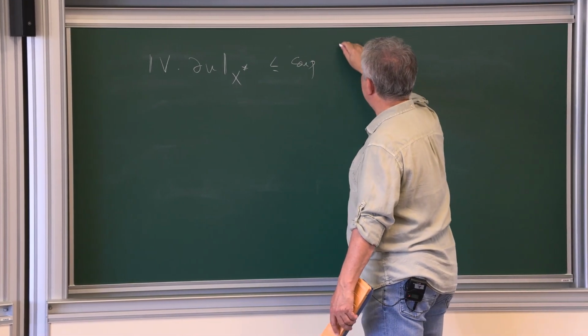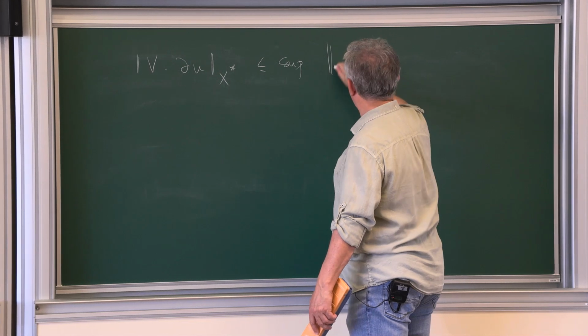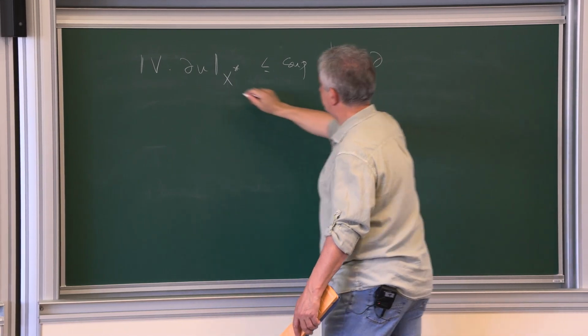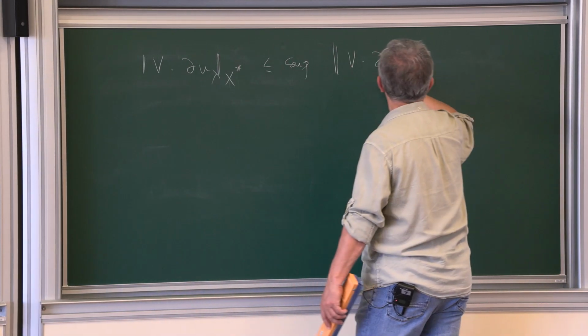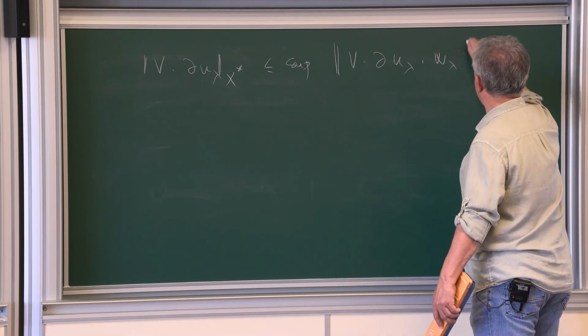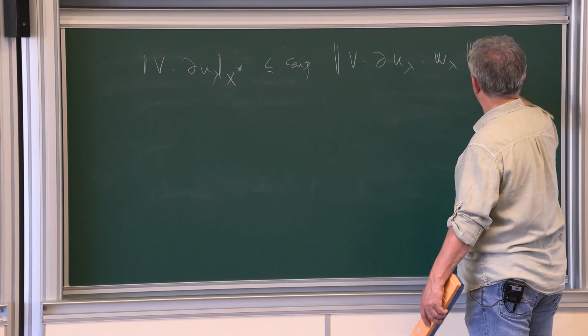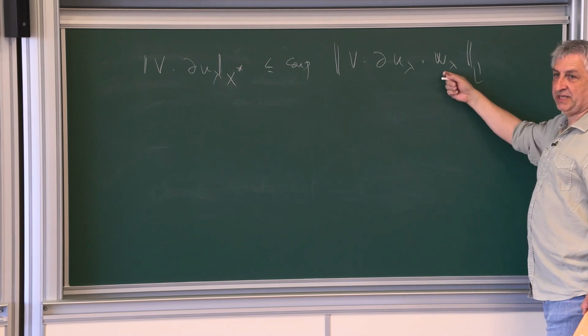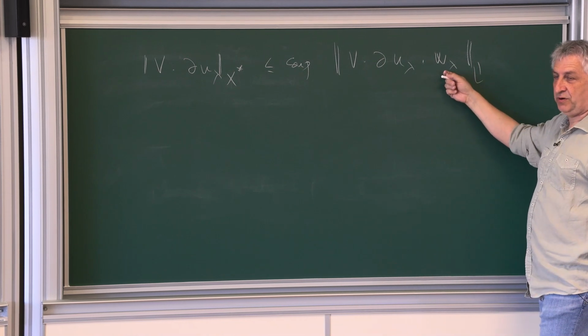So I take the supremum of the norm of V times derivative U lambda times W lambda in L1. All right, W lambda is my test function from the definition of the X norm.